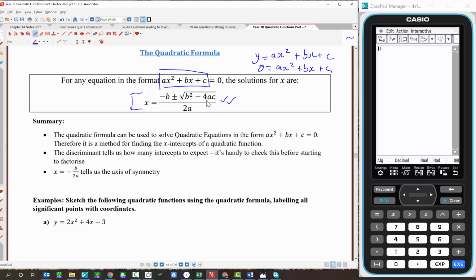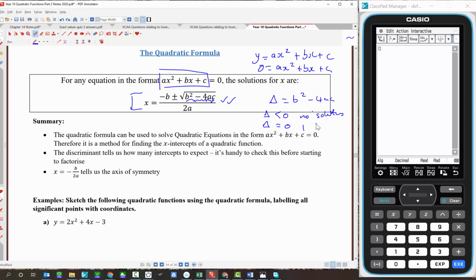There's a part of it, this part here, b squared take 4ac. That's what we refer to as the discriminant. And remember, if the discriminant is less than 0, there's no solutions, because you can't square root a negative number in Methods anyway. If the discriminant is equal to 0, then we've got one solution.